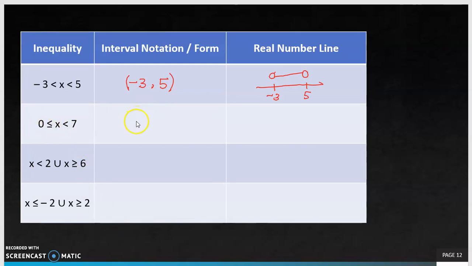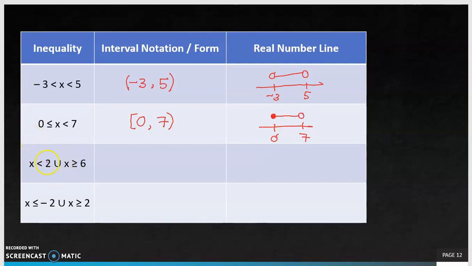Here is 0, which is included, until 7, and 7 is not included. In the real number line, 0 is included, 7 is not included, and the values are in between.